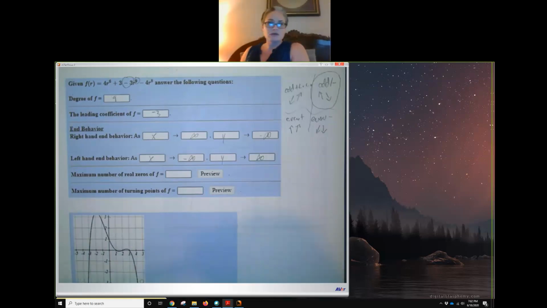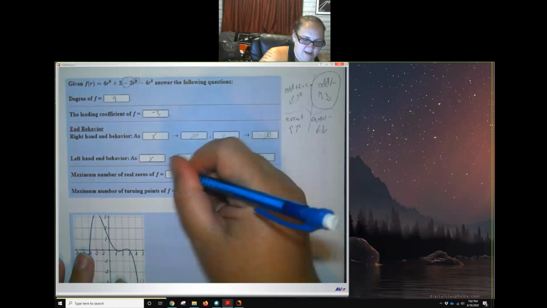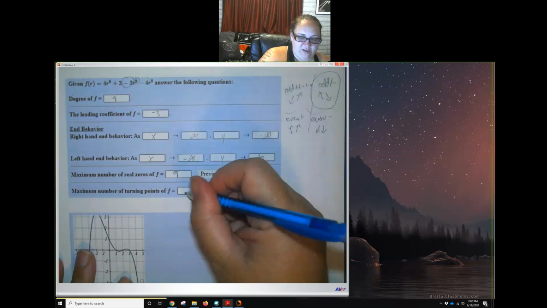So then the maximum number of zeros we can have is the same as the degree. And the maximum number of turning points we can have is one fewer than the degree.